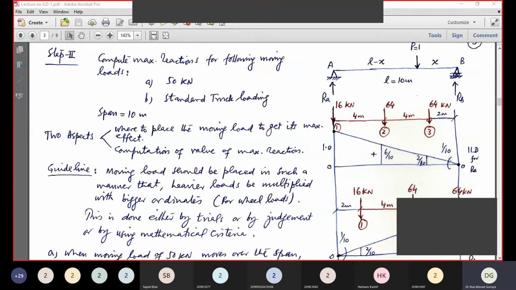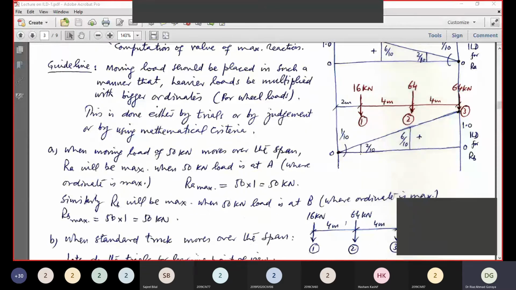Now the ordinate corresponding to this load, इसका डिस्टेंस B से 2 मीटर है. So it will be 2 by 10. इसका डिस्टेंस जो है 2 plus 4 6 मीटर है from B. It will be 6 by 10. इसका 10 मीटर है, it will be 10 by 10 or 1. So by this way, with the help of slope and with the help of horizontal distances, these ordinates will be computed.